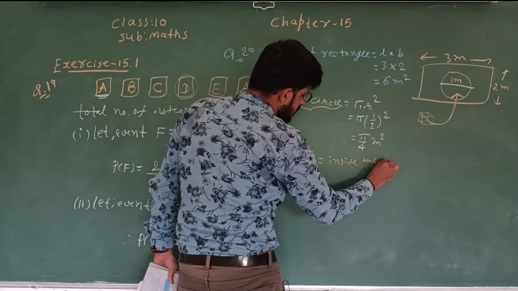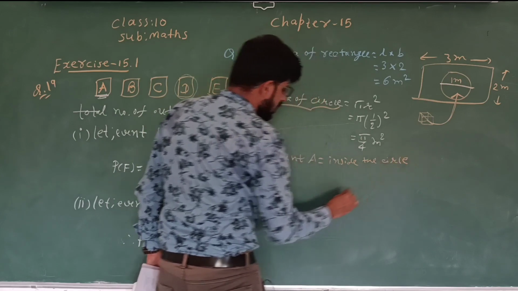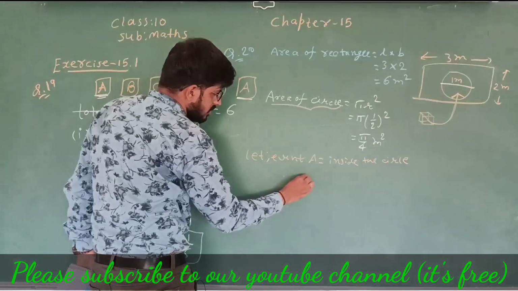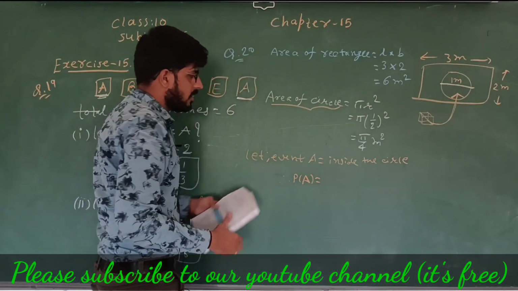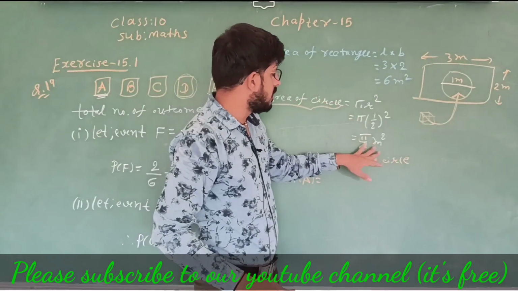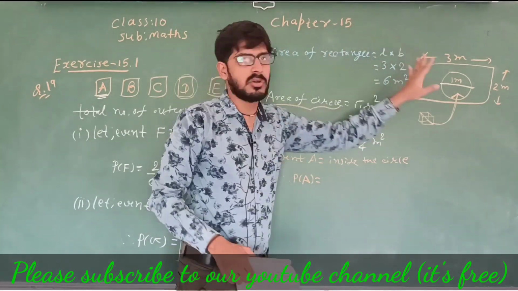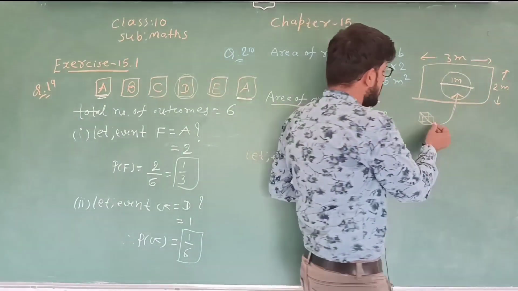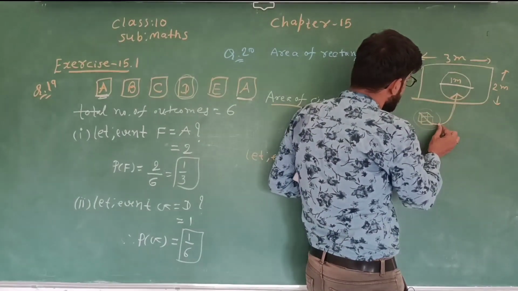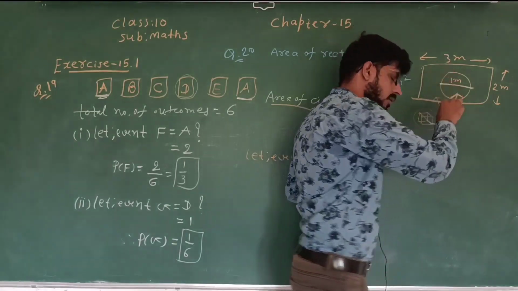So we get probability of A is equal to area of circle divided by area of rectangle, because the given die lands in the rectangle.